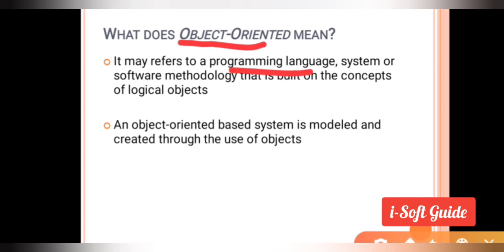In an object oriented system, again the system is focused on the classes and objects and their relationships. Hence we can call it object oriented software also, which also focuses on logical objects.